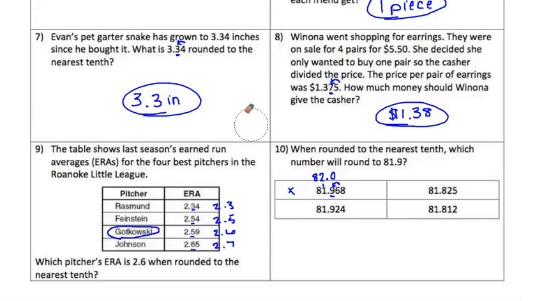This one here, the 9, the 2 does not round the 9 up, so this one just stays 81.9, which works, so that's one of the answers. Here, the 8 is in the 10th place, the 2 does not round it up, so this just is 81.8, which is not an answer. And here, I have the 8, the 1 does not round the 8 up, so it is still 81.8, so that is not an answer.